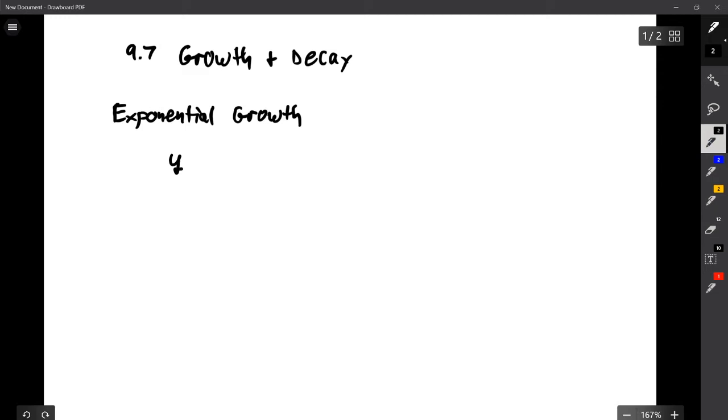We can write an equation like this: y equals A times (1 plus r) to the power of t, where y is the final quantity. I'm going to use QTY to abbreviate quantity.